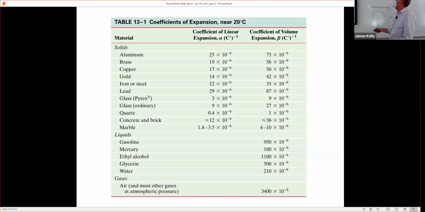Same table from Giancoli, just the second one over here, gives coefficients of volume expansion. And again, they're in units of inverse degrees Celsius. And if you look at the formula, that will give us something that's unitless inside there. These are defined not just for solids, but also for liquids.